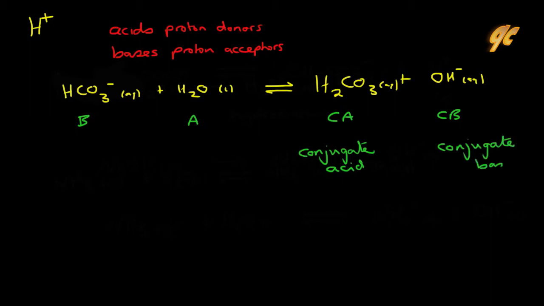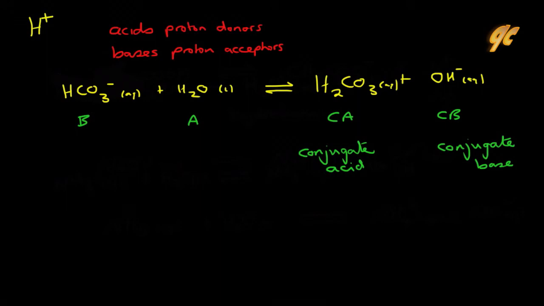And there is the spellings in full. So the conjugate acid is formed after a base receives a proton and it can potentially act as an acid. Similarly for the conjugate base, it is able to accept a proton and therefore potentially act as a base.